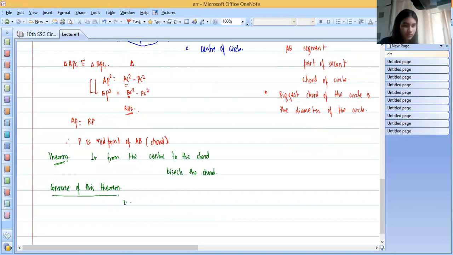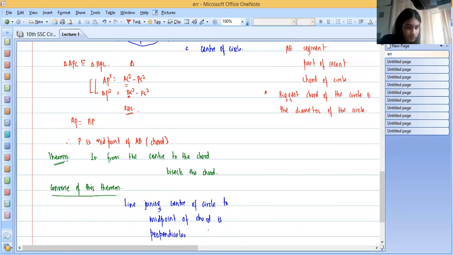Line. I will write the converse in a different color so that you will be able to understand. Line joining center of circle to midpoint of chord is perpendicular to the chord.